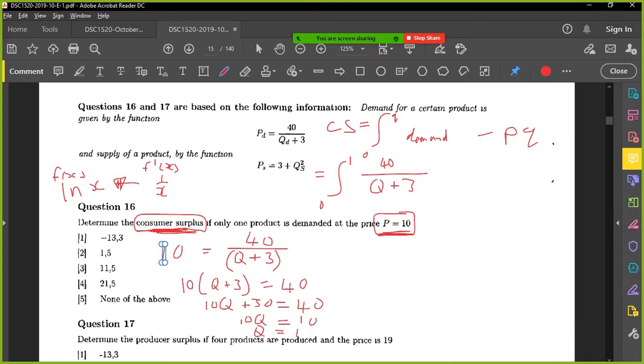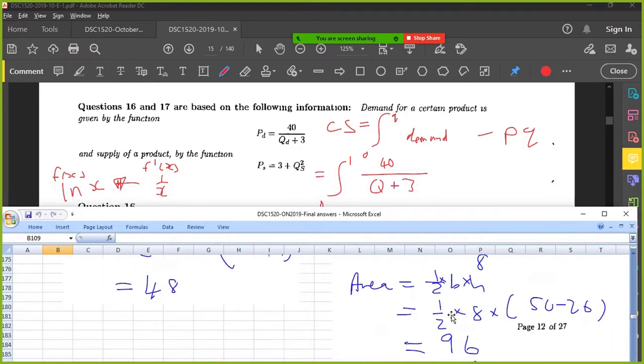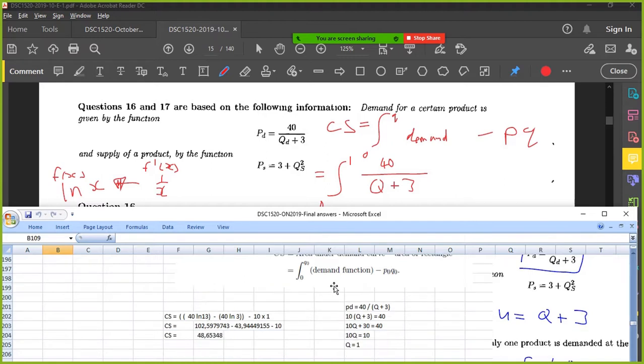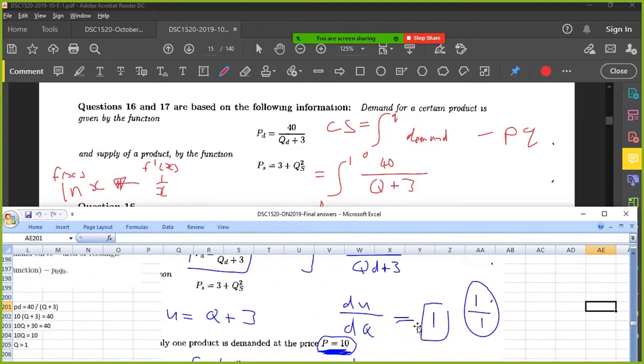Yes. Okay, so then when looking at the substitution, let's see what I did in the workings. Let me bring it across, and then you can see what we did here. This was 16. Same formula. There's the formula, and then there's the solve for Q. What we're looking at here is the integration.